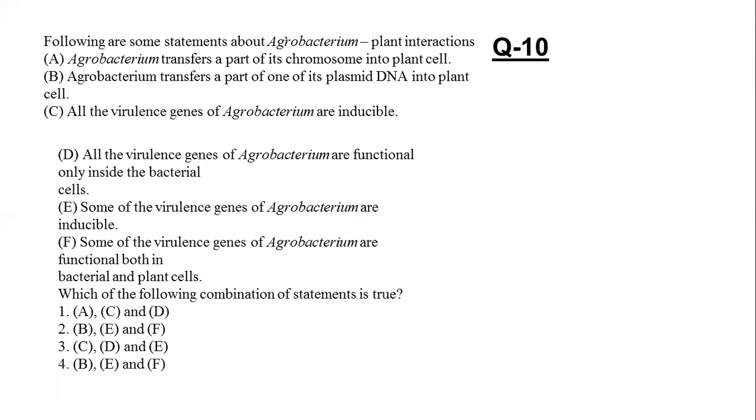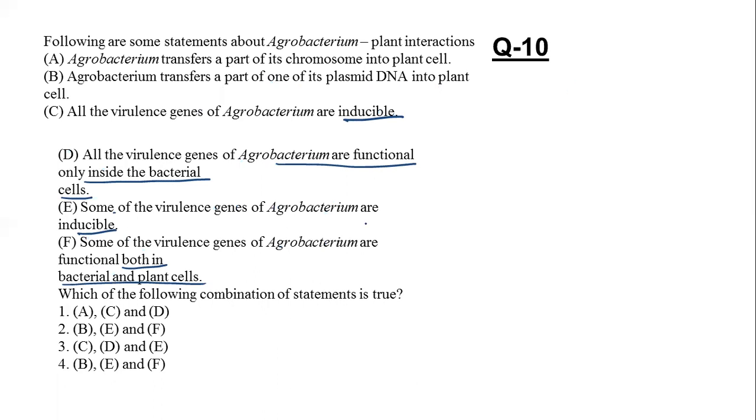Agrobacterium tumefaciens transfers a part of its chromosome into the plant cells. Agrobacterium transfers a part of one of its plasmid DNAs into the plant cells. All virulence genes of Agrobacterium are inducible. All virulence genes of Agrobacterium function only inside the bacterial cells. Some of the virulence genes of Agrobacterium are inducible. Some of the virulence genes function both in bacterial and plant cells.